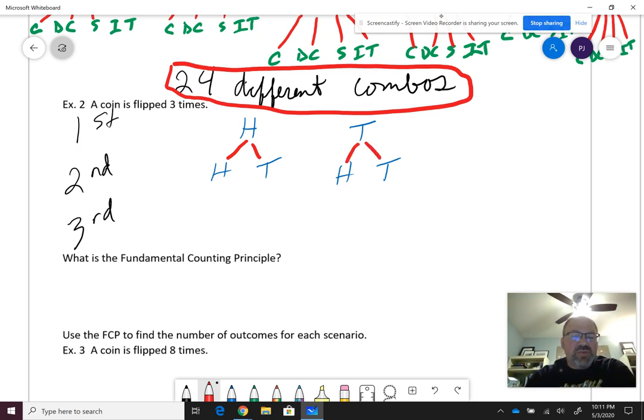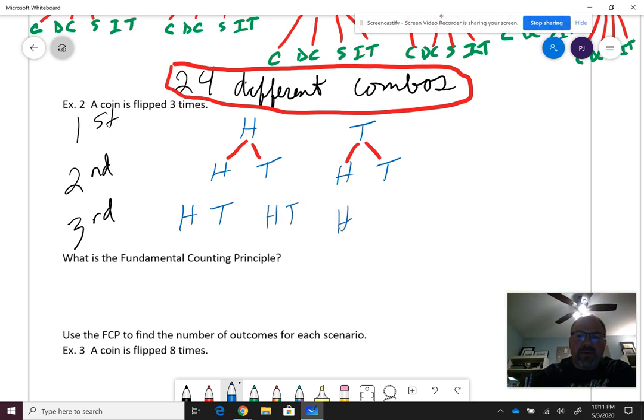And then from those choices, when you're flipping the third time, understand that the third flip could also be heads or tails, heads or tails, heads or tails, or heads or tails.